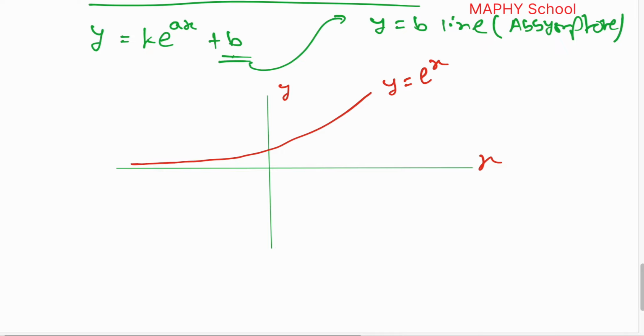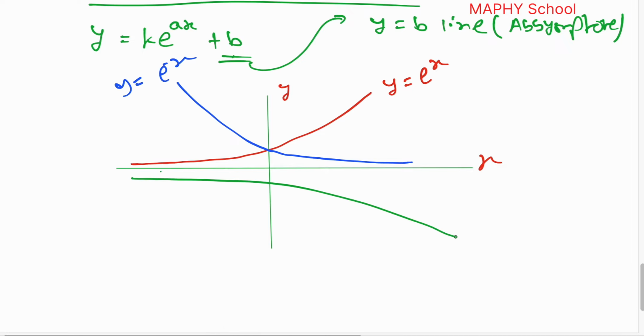Then this will be y equals e to the power minus x, then here is another, this will be y equals minus e to the power x, and the last one would be y equals minus e to the power minus x.